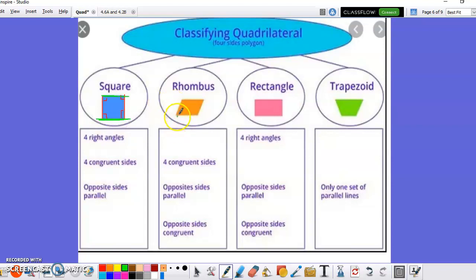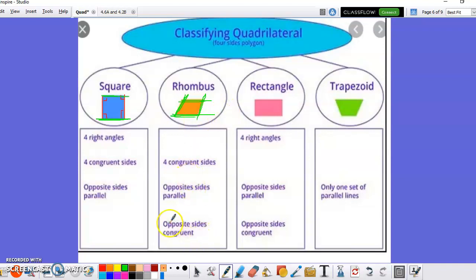In a rhombus, there are four sides. It has two pairs of parallel lines. This side is parallel with this side, and this side here is parallel with this side right here.